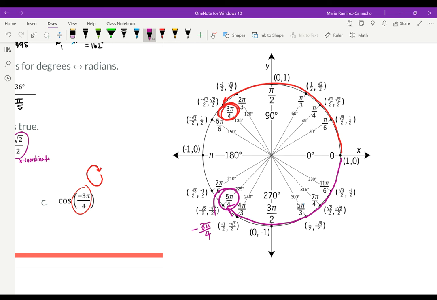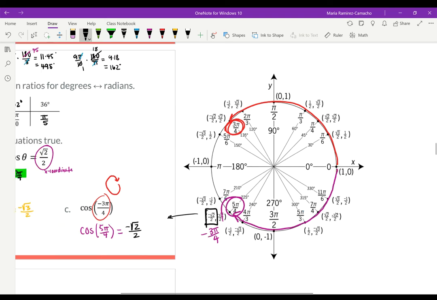So the cosine of -3 pi over 4 is technically the same as the cosine of 5 pi over 4, since that's where we're landing at. And at 5 pi over 4, it looks like our x-coordinate is -√2 over 2. And so there's our answer for that.